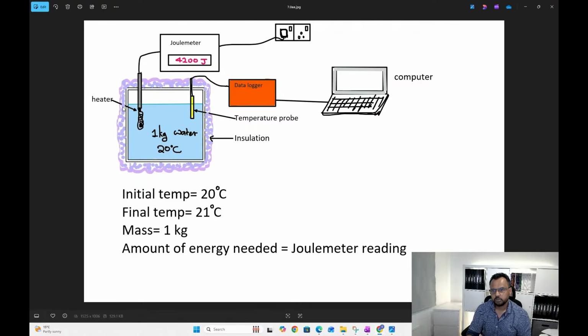And you put a heater and you connect it to a joule meter, and there's a temperature probe connected to a data logger to a computer. Now, you provide energy and you see the amount of energy needed to increase this temperature from, say, 20 to just 1 up. Now, when you do that, experimentally, you will get close to 4,200 joules.